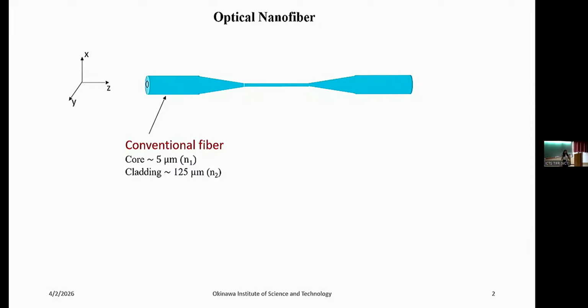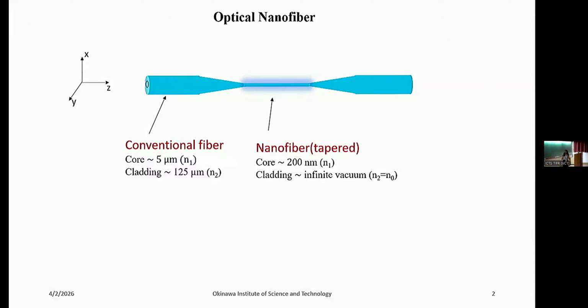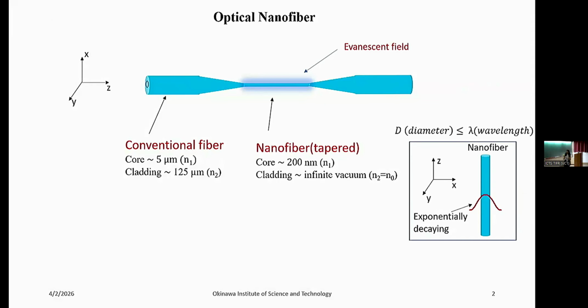The waist region is called the nanofiber, which has a core in the nanometer size, and vacuum acts as the cladding here. Due to this small diameter, the optical mode of the light extends outside the fiber, which is called the evanescent field, and this evanescent field decays exponentially outside the fiber.